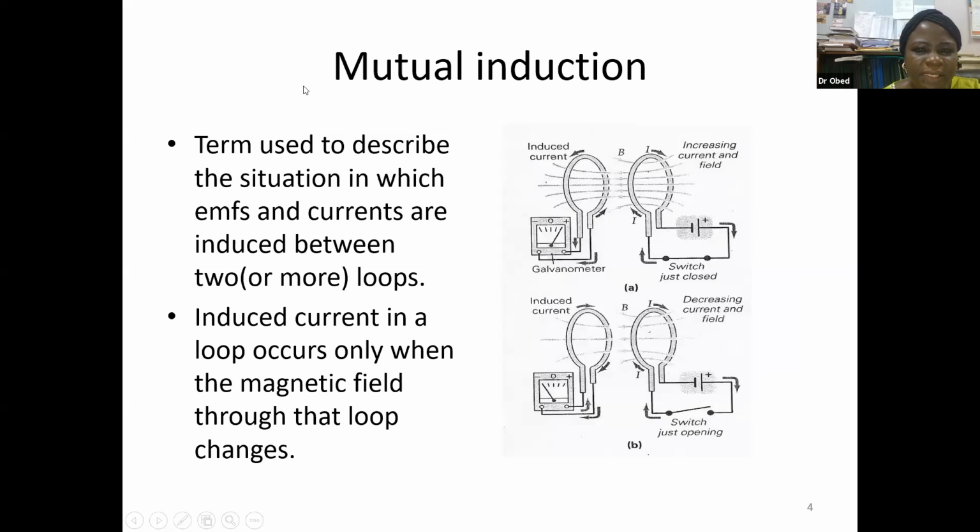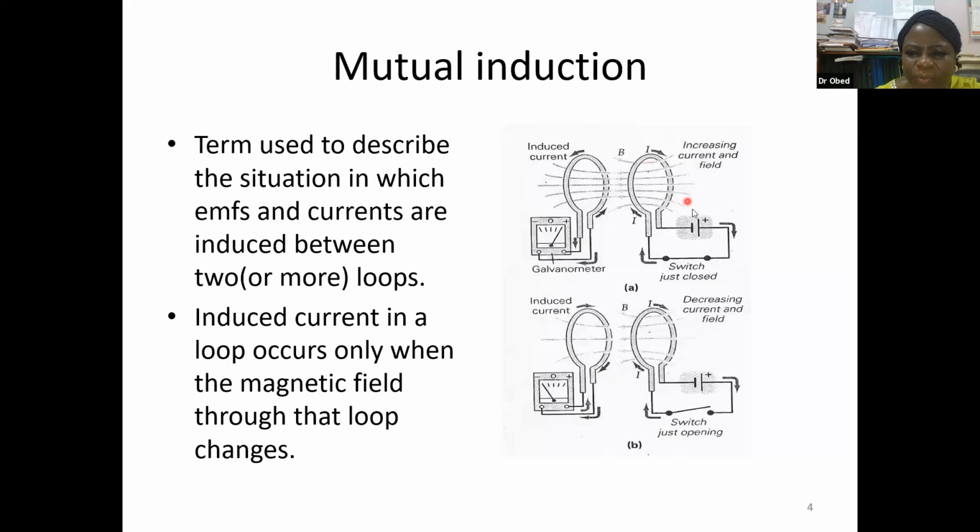Okay, so the next slide is on mutual induction, and it is another way to induce current in a stationary wire loop. Mutual induction is the term used to describe the situation in which EMFs and currents are induced between two or more loops. If we look at diagram A, you can see a wire loop connected to a galvanometer.